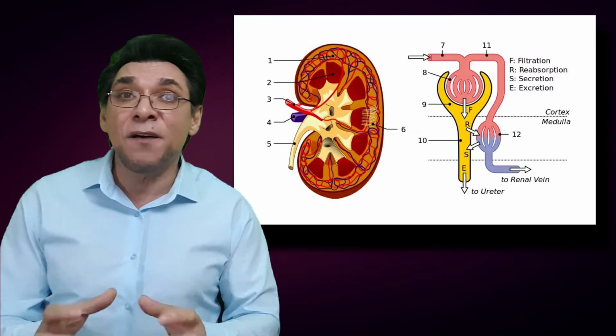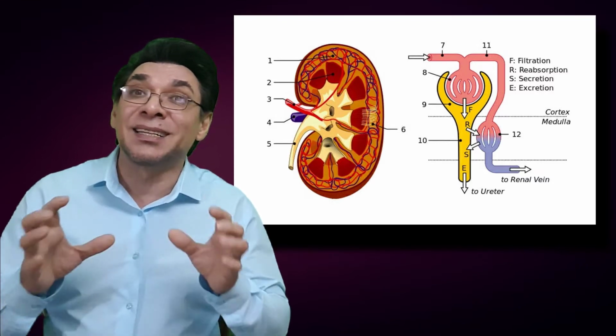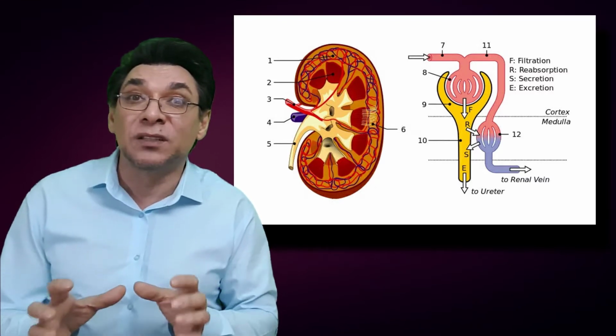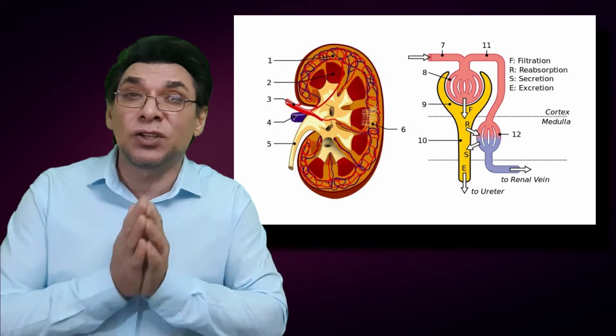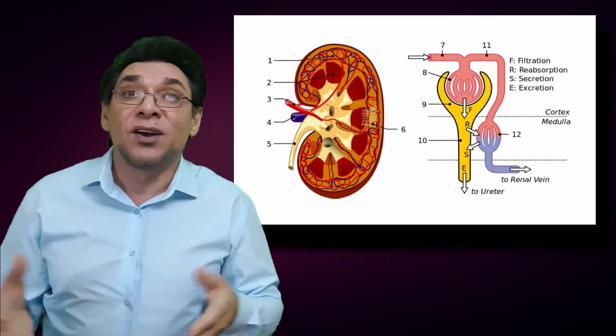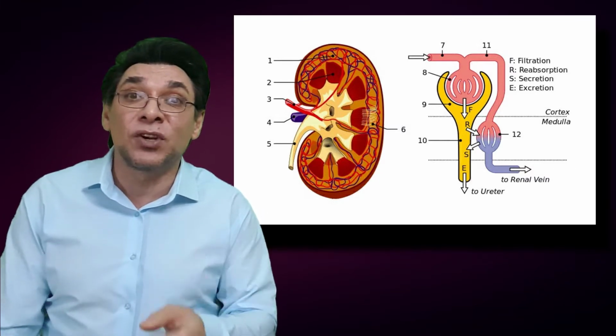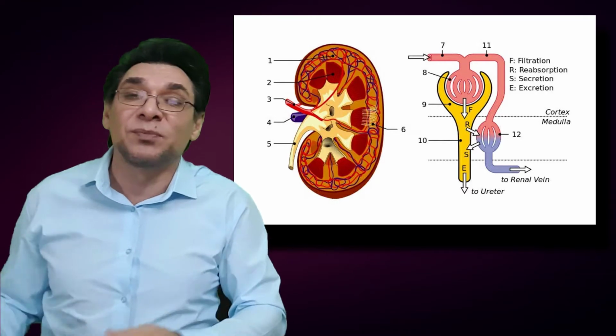In all the nephrons of both kidneys, about 180 liters of filtrate are produced each day, but only about 1% or less of the filtrate becomes urine because most of the filtrate is reabsorbed.